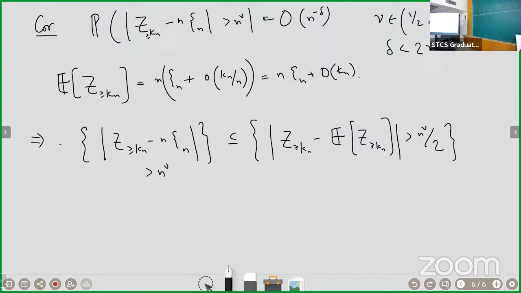The event is that Z deviates from n times the survival probability by more than n to the power nu. And here, Z deviates from the expected value of Z by n to the power nu over 2.